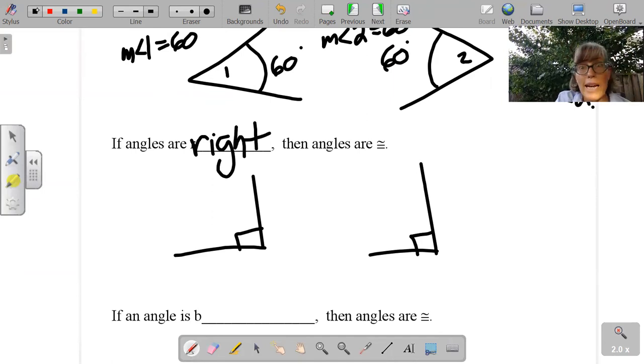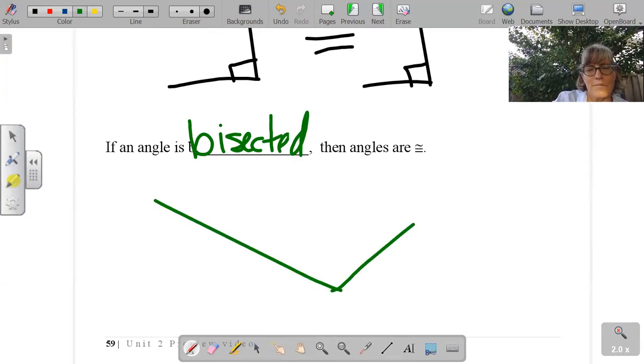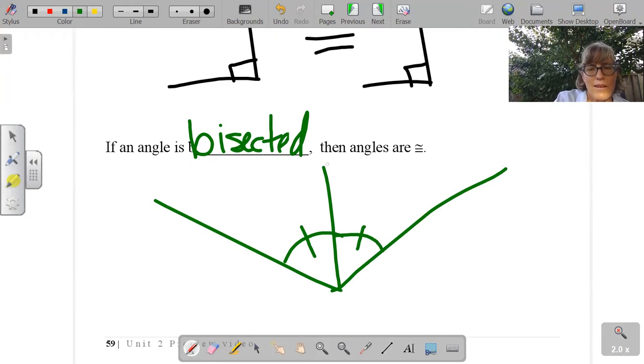If 2 angles are right angles, of course, they're also congruent. Makes common sense. They're both 90 degrees. They're both equal measure. If an angle is bisected, then you end up with congruent angles, of course.